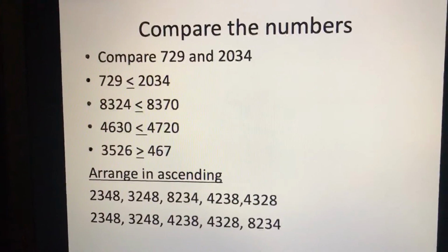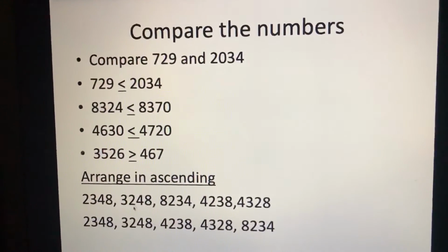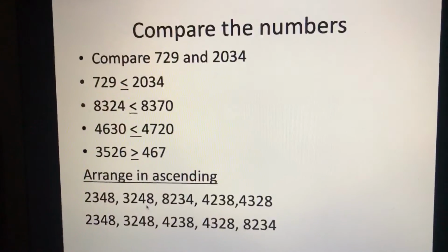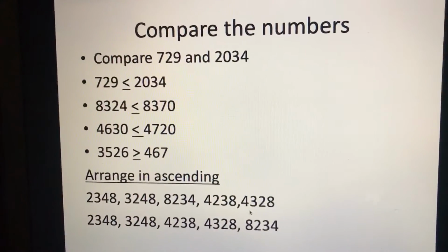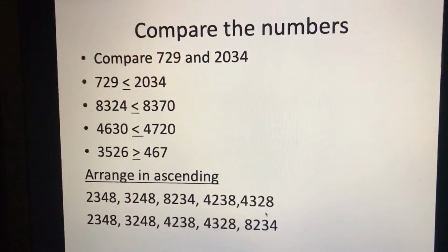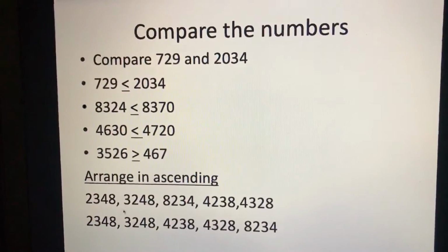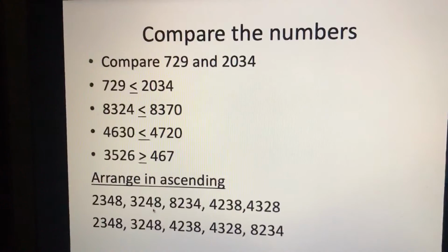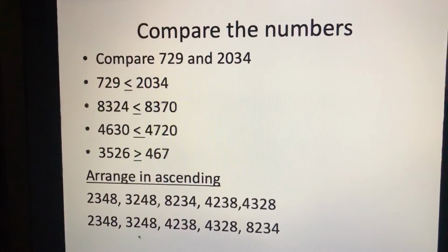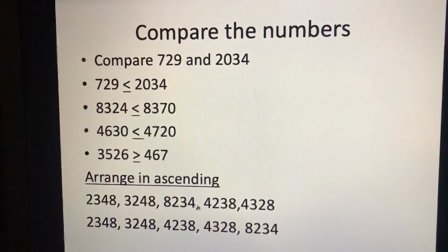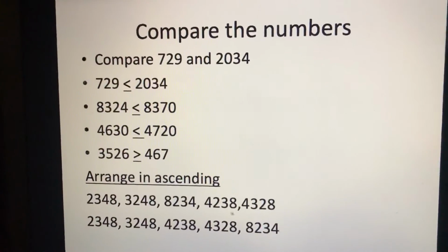And next we compare the remaining three numbers: 3248, 4238 and 4328. Which is smaller? 3248 is smaller than these, so we write this. In these numbers we compare: first, thousands are equal.